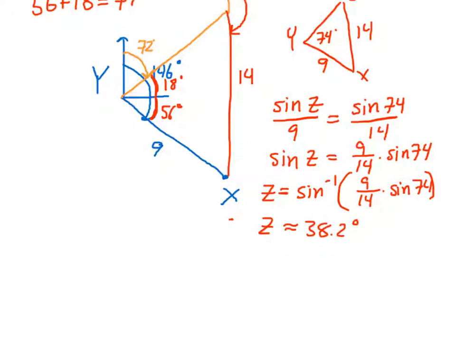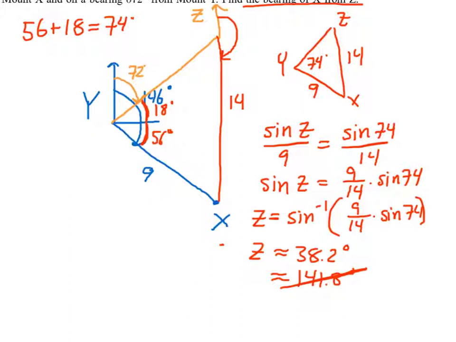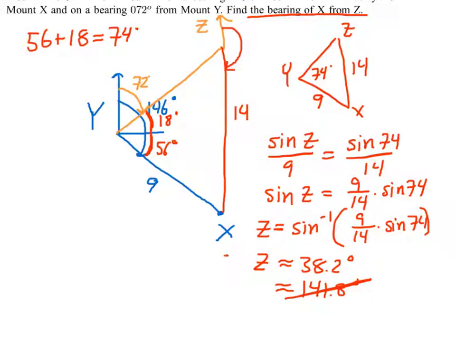But remember, because I took the inverse sine, it could also be 141.8. But if we take a look at 141.8 and the angle that we know, 74, I add those two together, that's impossible because those two angles alone are greater than 180 degrees. So this is a case where I can get rid of the second answer, and I know that the angle inside the triangle at z is 38.2.